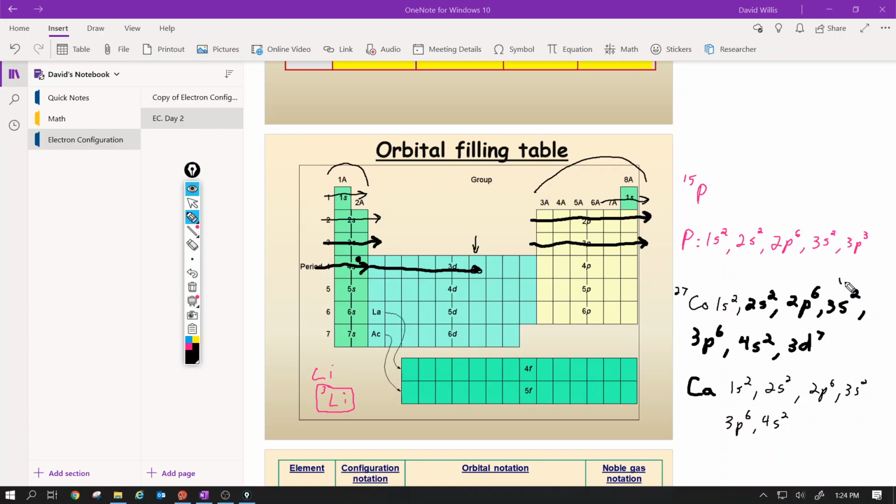So we've got our 3s, at least for the most part. You can have some bonding take place in here, but in general, when we talk about our valence, we're going to talk about the s and the p.